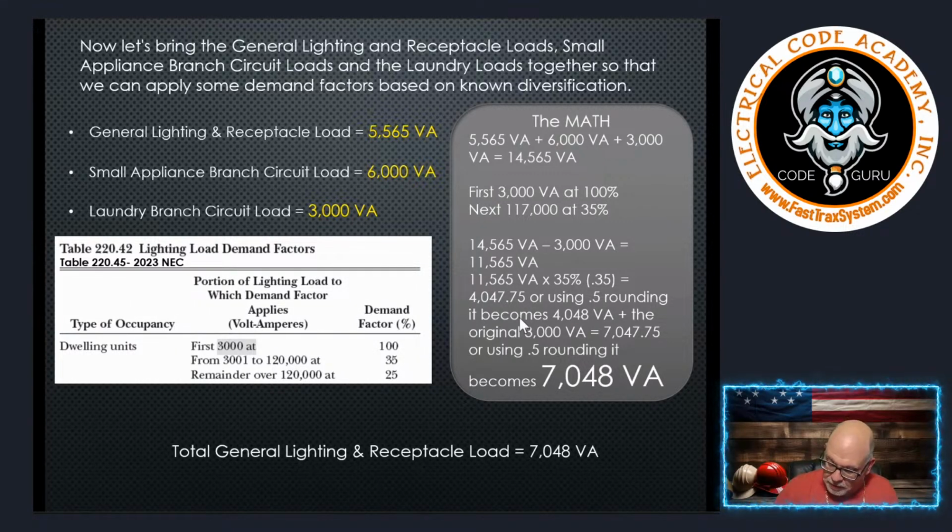So I'm going to put a big N on the right side of my form, and write 7,048 out here to the side, because all of those loads we just talked about are neutral loads. So that's most certainly going to be used in our calculation for the neutral. I'm just saving me some time, that's all. All right, so there we go.